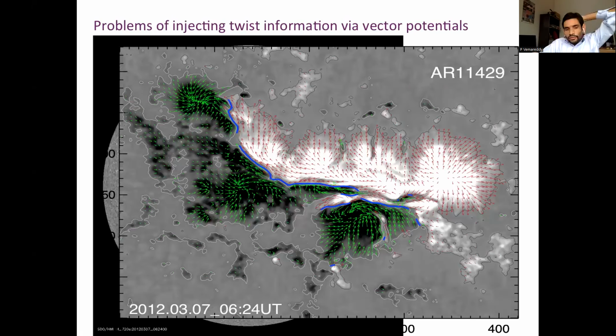So you can see there is a polarity inversion line. While this active region evolves, the opposite polarities have shear motions with respect to each other. That builds the magnetic shear, such that the horizontal magnetic field along the polarity inversion line will be parallel to each other.